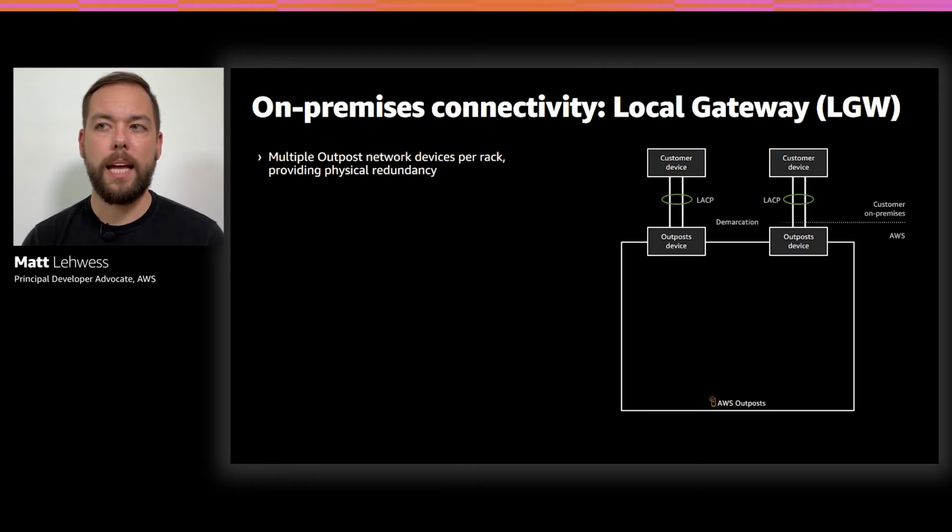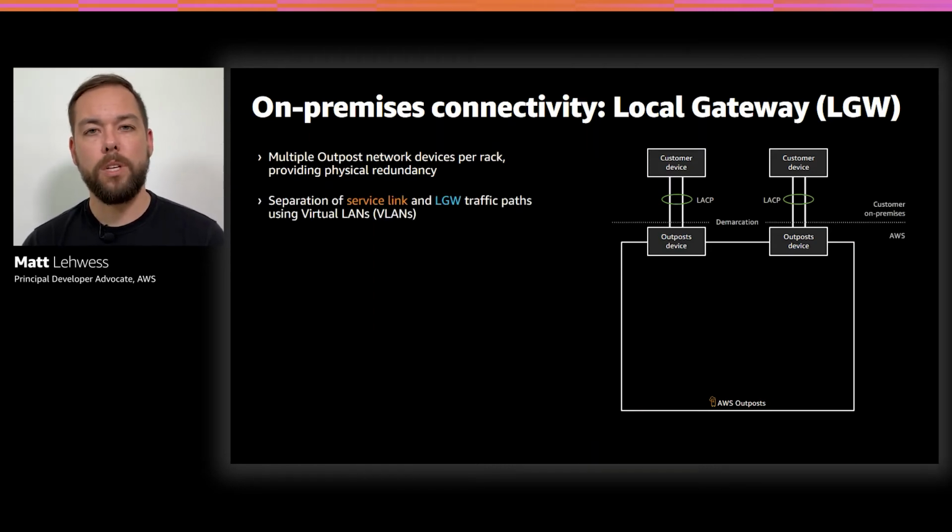And so if we build out our LAN connectivity here a little bit, we do have 2 different paths, the service link path and the LGW path. And we use VLANs, just standard virtual LANs, to split those 2 for the service link, which is what we call the connection back to the region, or the LGW connection, which is the connection on premises.